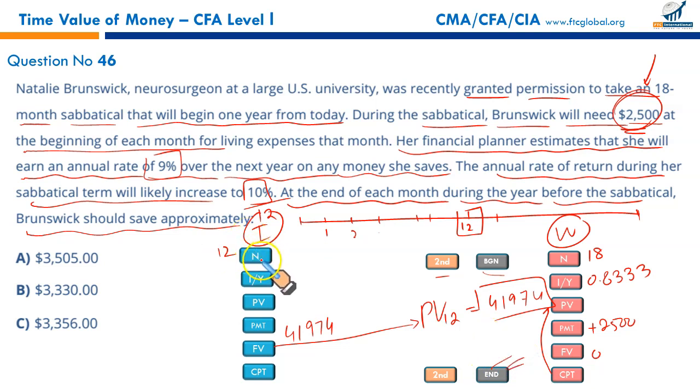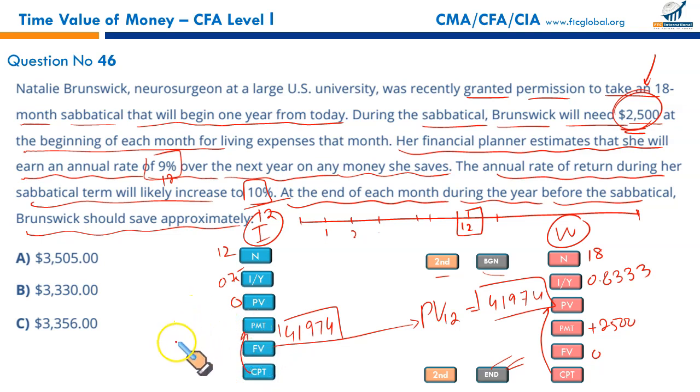There will be 12 periods, but during the investment phase, the interest rate is 9%. 9 by 12 gives you 0.75. Present value is 0 since she needs to make the regular payments, and that's what we want to calculate. How much should she pay every month? So future value is this, N is 12, interest rate 0.75. You just have to press CPT and PMT.